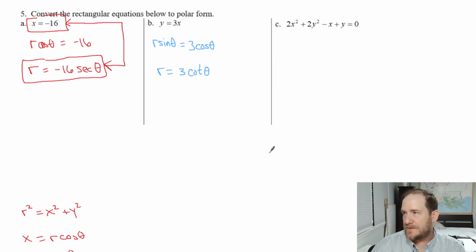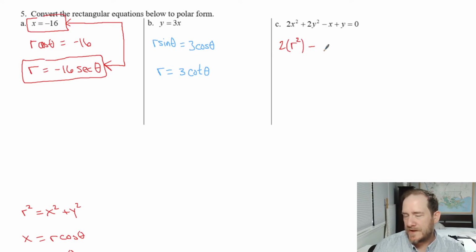Alright, and then lastly, so this guy, yeah, I think we just want to do our mostly direct substitutions. Factor out a 2, and then you've got x squared plus y squared, so that can just become an r squared.